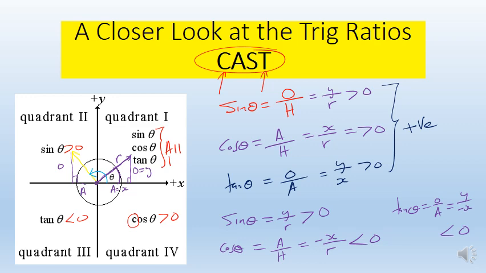So I challenge you as homework, out of curiosity, or you want to share this with your neighbors, to look at the different ratios in quadrants 3 and 4 and convince yourself that tan theta is positive in the third quadrant and cos theta is positive in the fourth quadrant. Now I notice here's a little error.